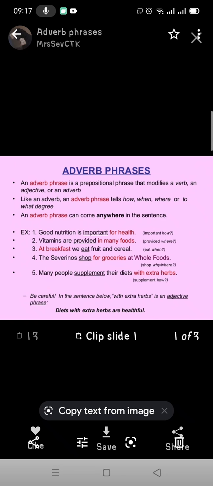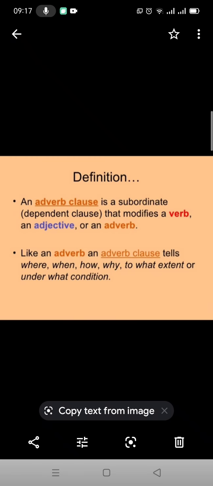Now, the next one is the adverb clause. What is a clause? A clause is also a group of words which has a subject and a predicate or verb in it. Furthermore, clauses are of two types: one is called an independent clause, the other is called a dependent clause.